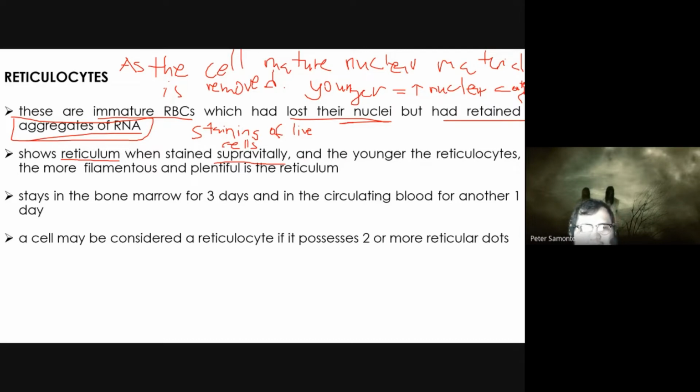Anyways, balik tayong topic. So, your supravital stain is used for the staining of live cells. And the younger the reticulocyte, the more filamentous and plentiful is the reticulum. Remember, the younger the cell is, the more nuclear content it would have. That's the reason why the younger the reticulocytes, the more filamentous and plentiful yung reticulum.